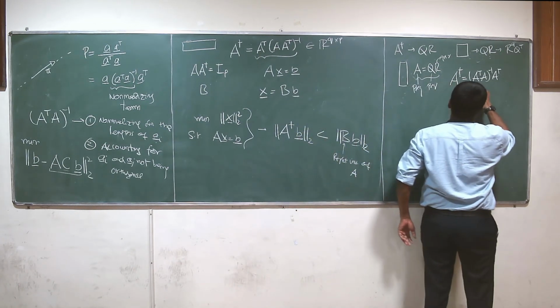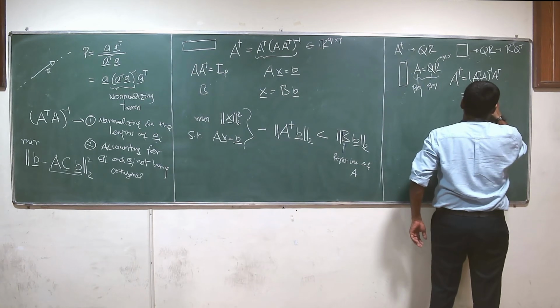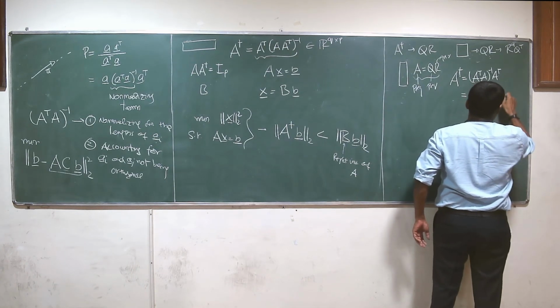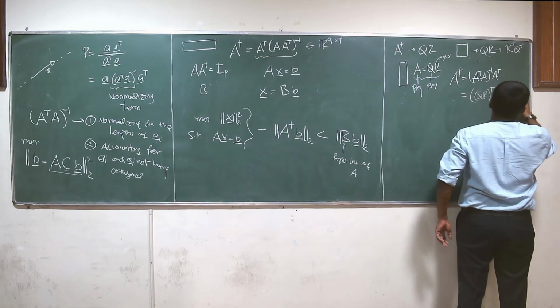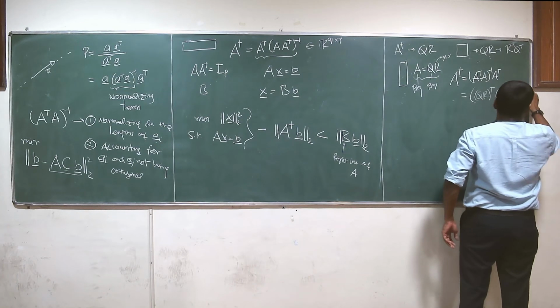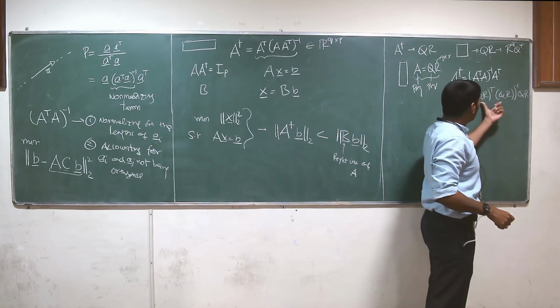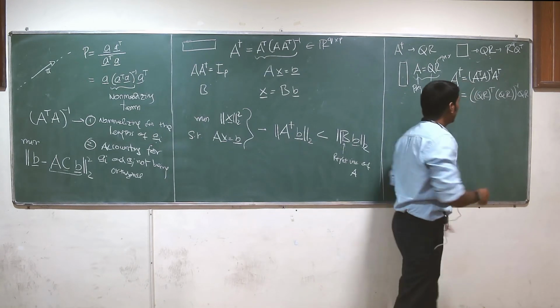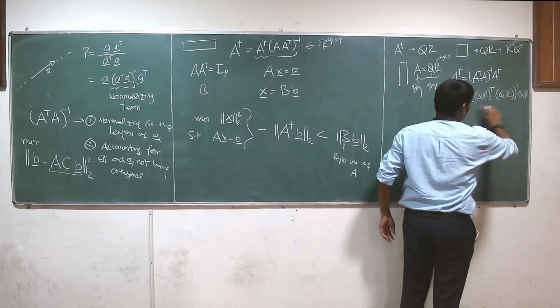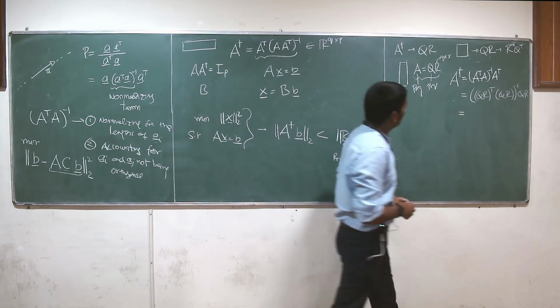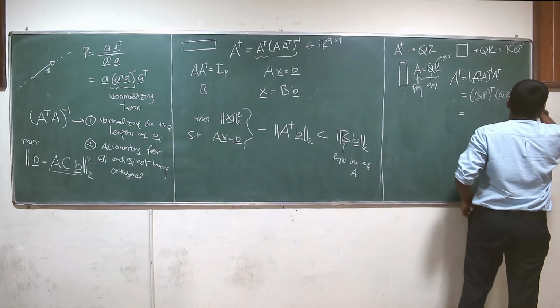We simply substitute first. And then you first simplify inside and then the inverse and tell me what you get. What happens when you simplify inside? Ah, yes, this is transpose.